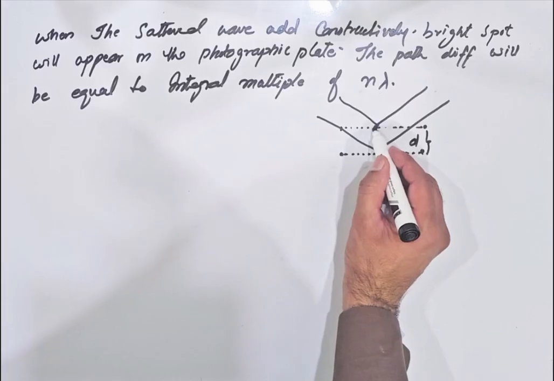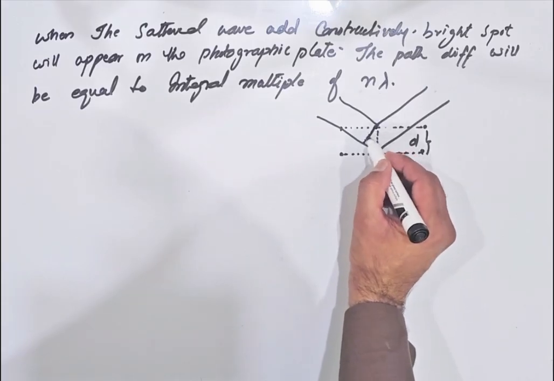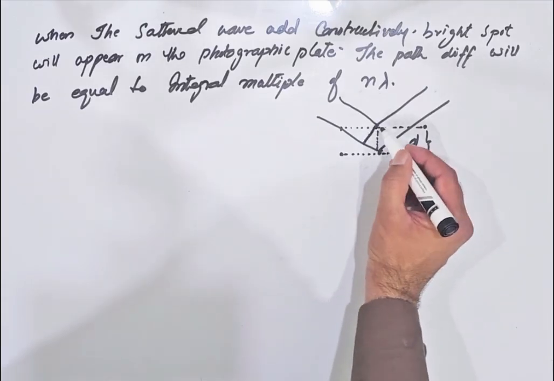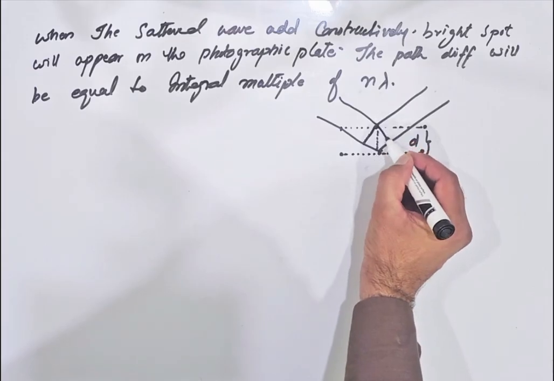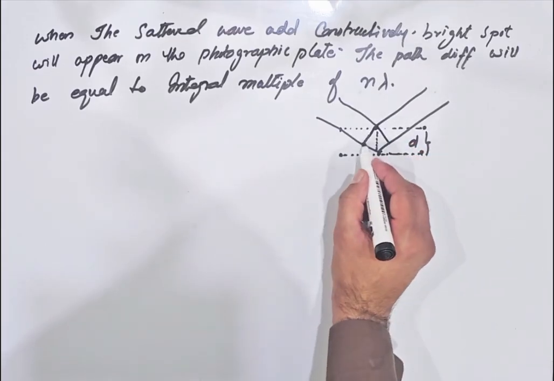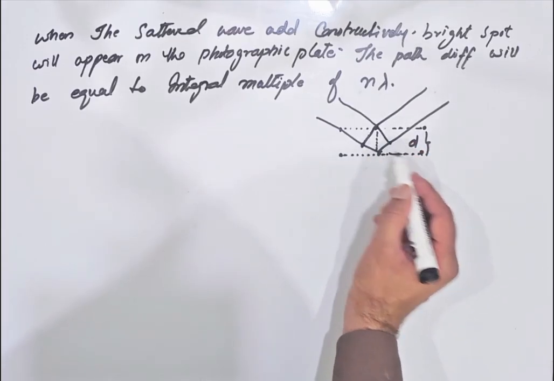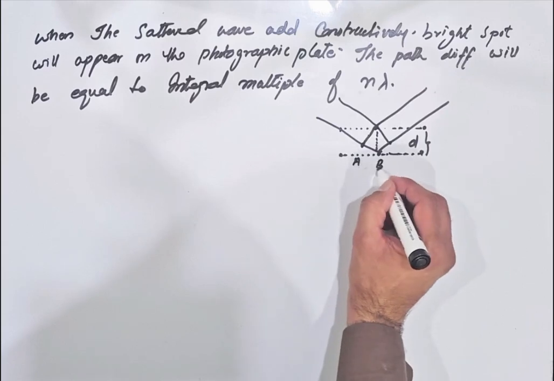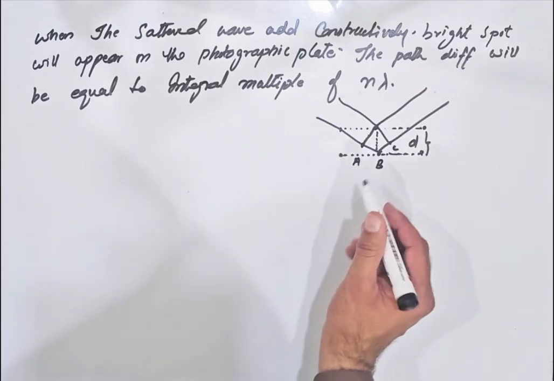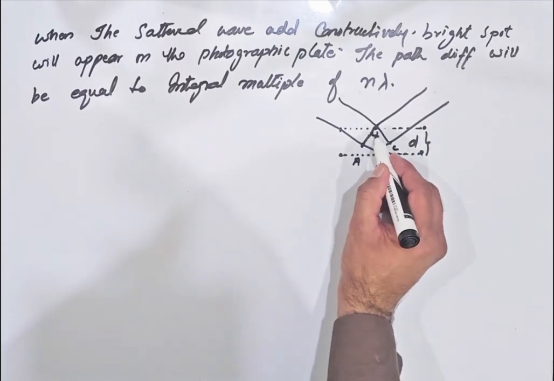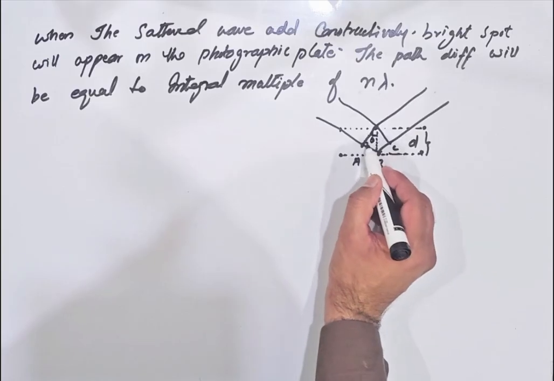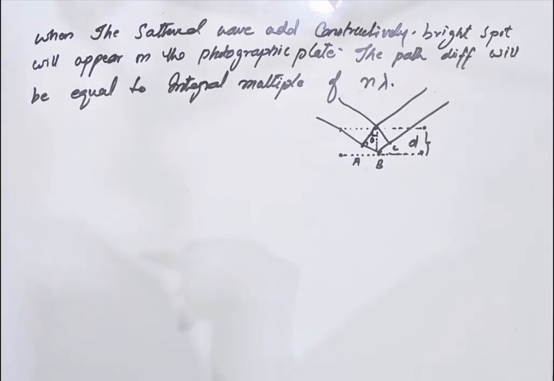Let us draw a perpendicular from this side. This is A, B and C. This angle is theta while this is 90 degrees.